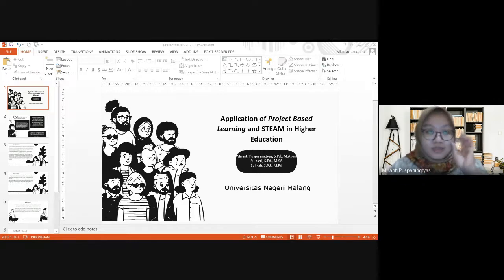We use SMEs because it is easier for students to take the data, since SMEs surround our environment and we can easily find them. So in the start stage, with the essential question, students are given problems related to the material analysis of cost behavior in MSMEs.